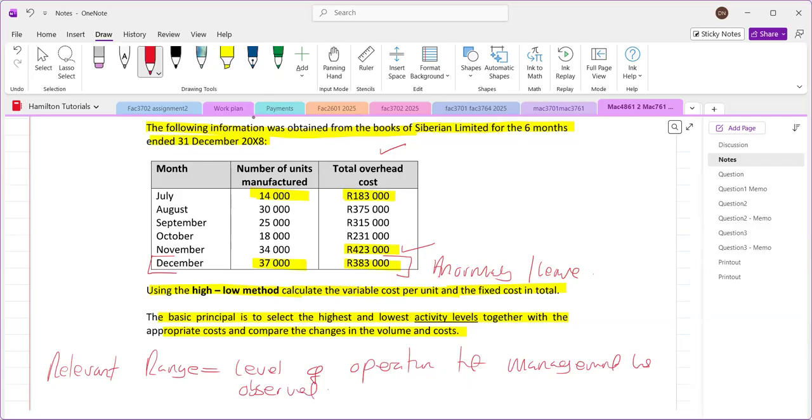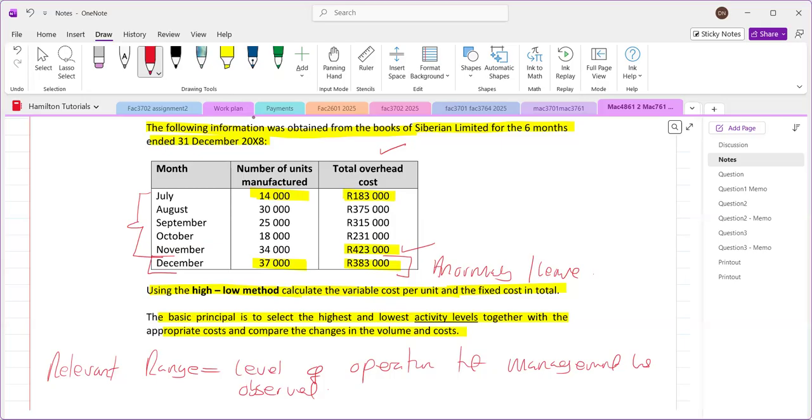It means that you normally operate within this range. So perhaps we normally operate within the range of 0 and 35. Within that range, we have observed how costs behave because we have operated in that sphere. So therefore, we are able to estimate our costs. We're able to determine which is variable, which is fixed.